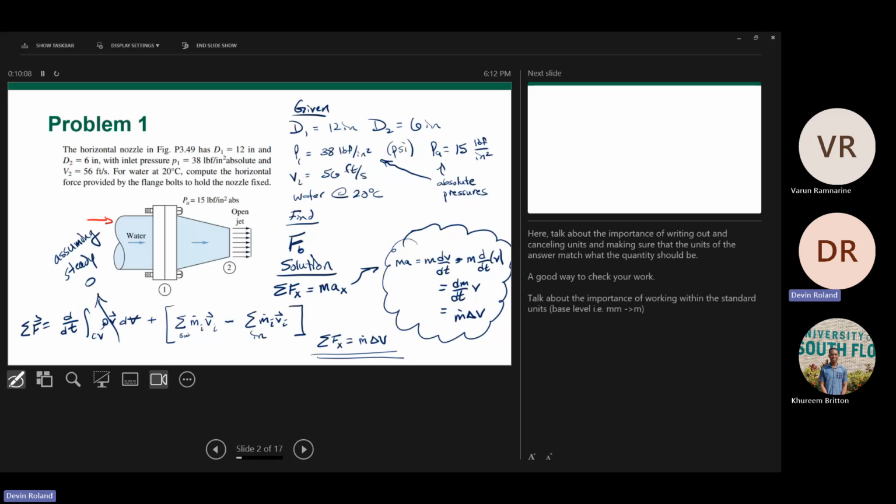If we look at this nozzle, we know we're going to have a pressure here and a pressure on that side. Maybe you can call those P1 and P2. And then there's going to be a force from the bolts holding this thing together, which I call FB. And there's an exiting velocity V2 and an entering velocity V1.